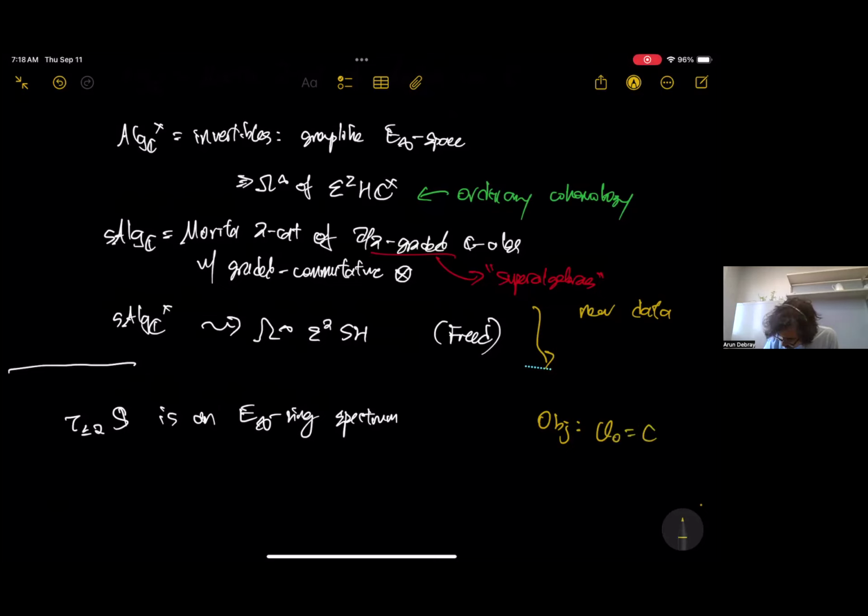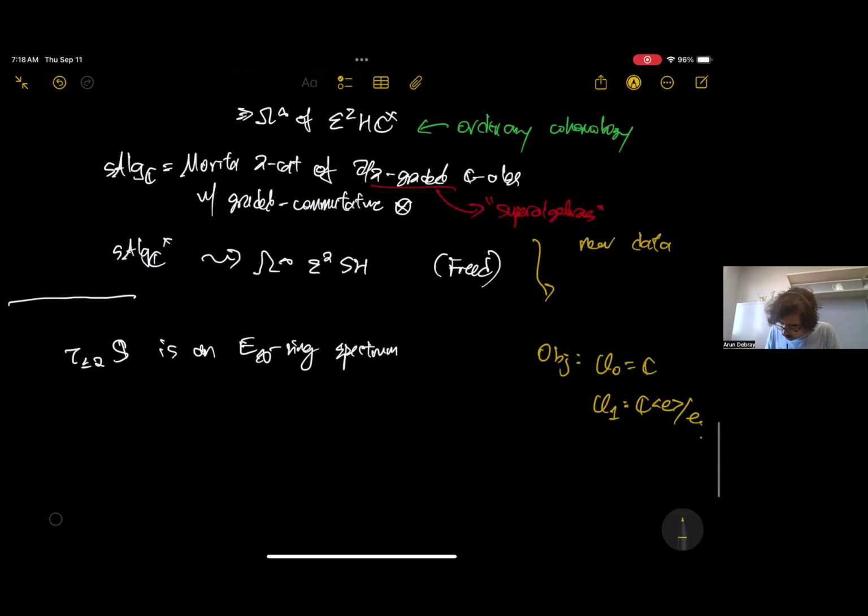Well, there's Cliff 0, which is C. And now there's an object called Cliff 1, which is C with a generator e, where e is odd. So the group of isomorphism classes of invertibles under tensor product is Z mod 2. And because we took the Brown-Comenetz dual, this is actually eta squared.